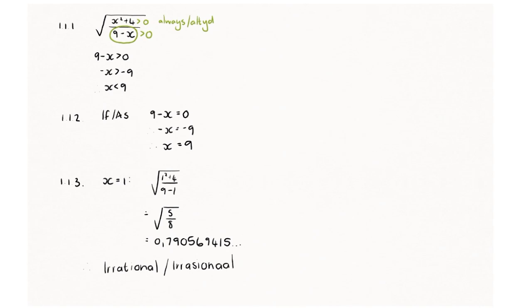Then lastly, question 1.1.4. Determine a value for x where the expression will yield a recurring decimal value. So that's actually a rational value. One value that we can use here is x equals 0, and that's also the easiest value.